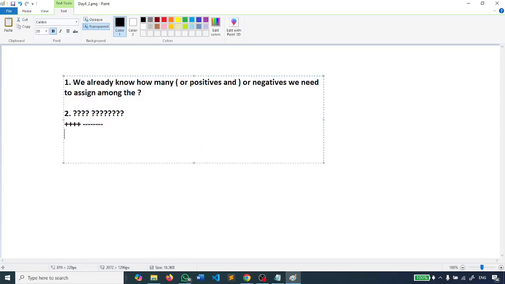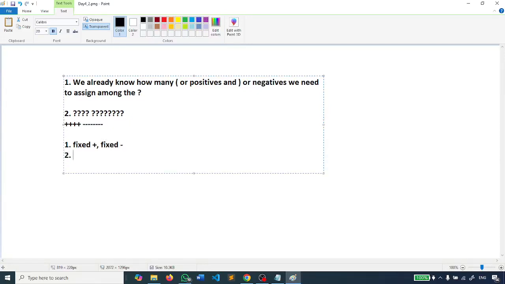There are four types of pairings we can have: fixed plus, fixed minus, which means an already fixed positive got matched with an already fixed negative.